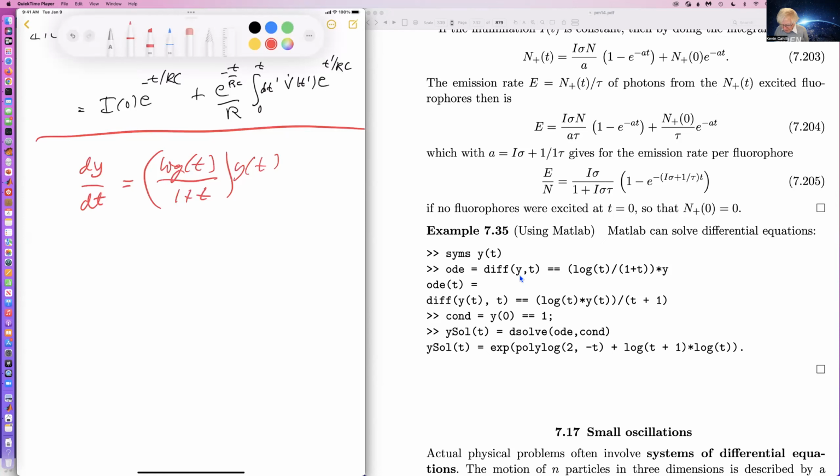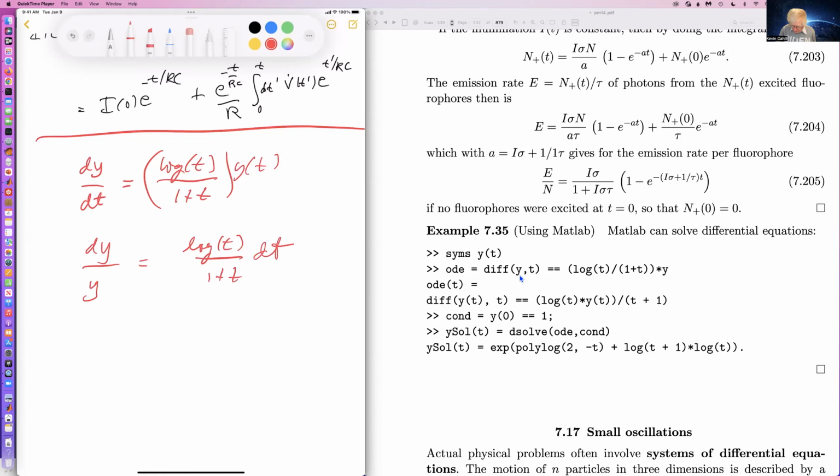Now, this is kind of a scary differential equation. If we did it by hand, we'd say dy over y is equal to log t over 1 plus t dt. Well, so we've separated it.